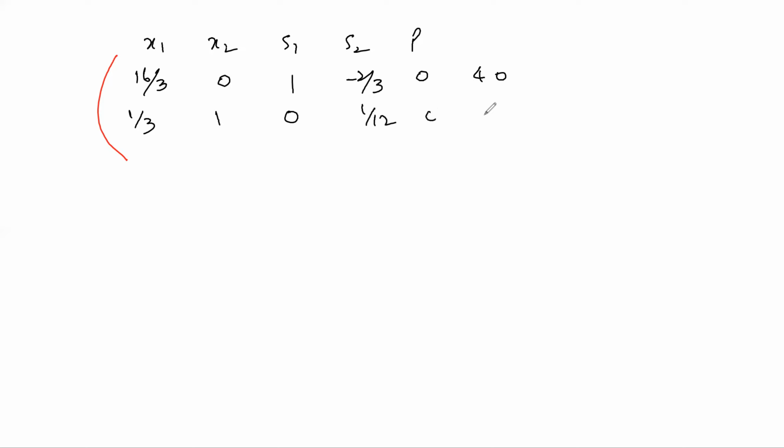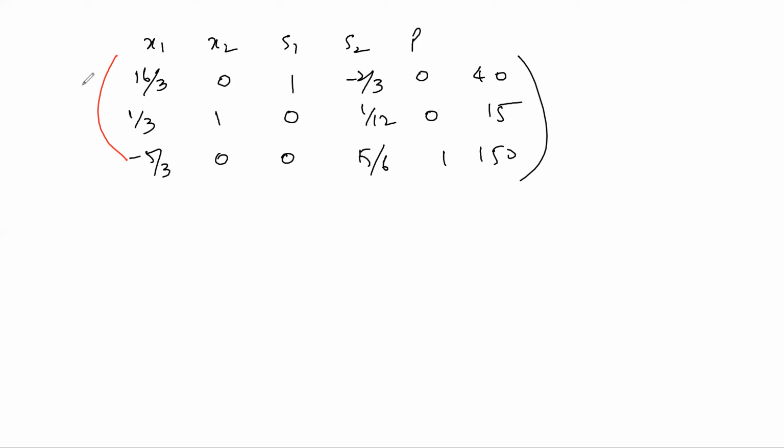If you do so, it will become 16 by 3, 0, 1, -2 by 3, 0, and 40. Here you will get 1 by 3, 1, 0, 1 by 12, 0, 15, and -5 by 3, 0, 0, 5 by 6, 1, and 150.